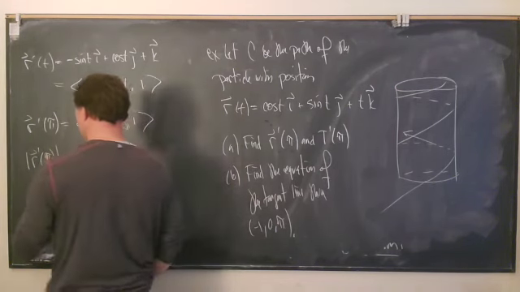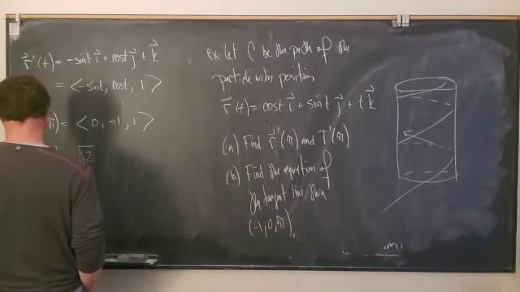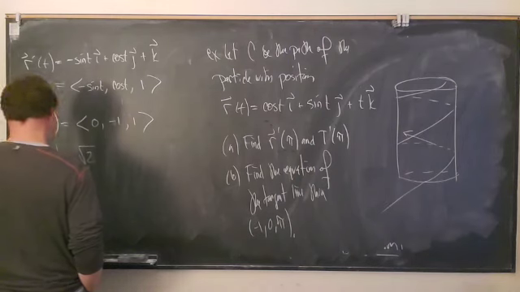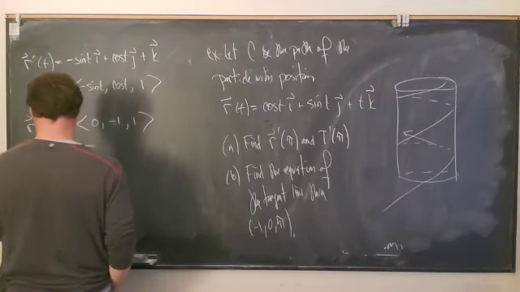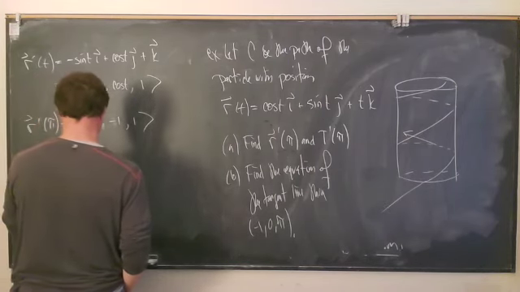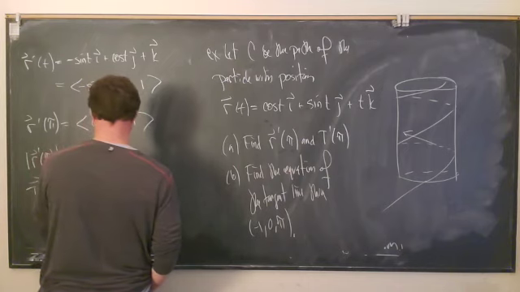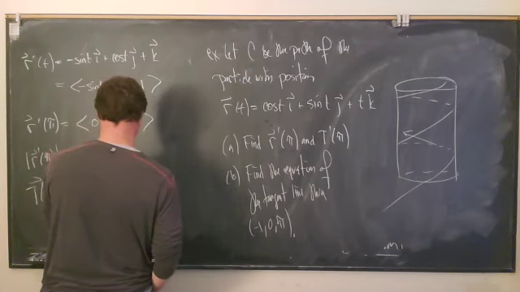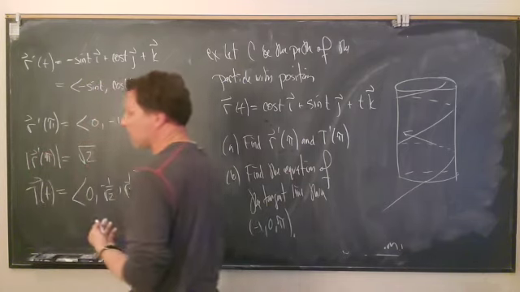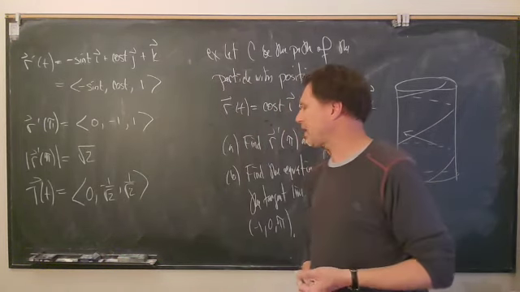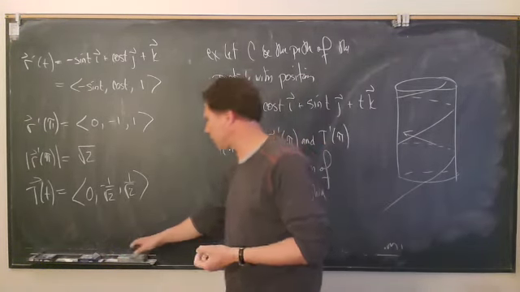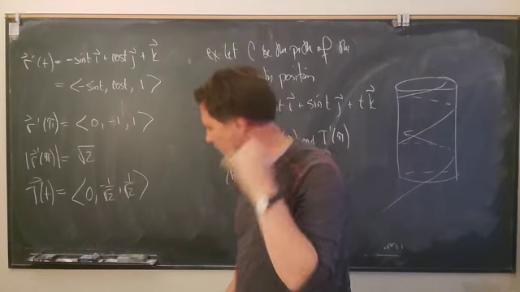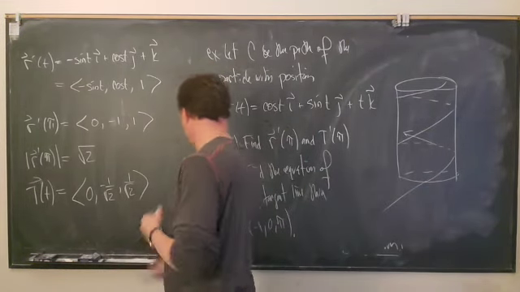And so the unit tangent vector, capital T of t, is equal to 0, minus 1 over root 2, 1 over root 2. You can write this in ijk notation if you want, but it's so much easier for my mind to picture it in the angle bracket notation.